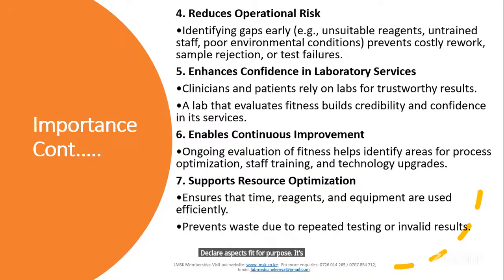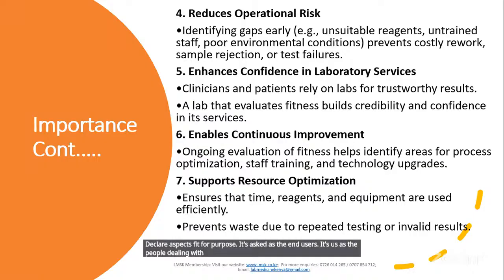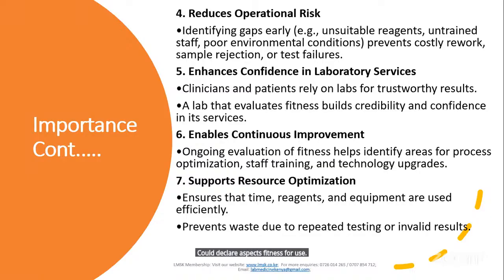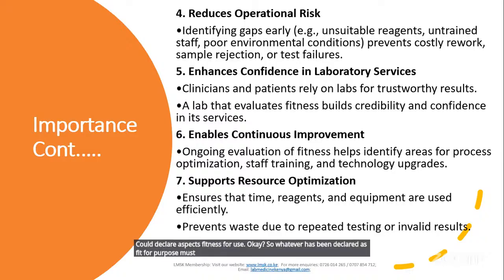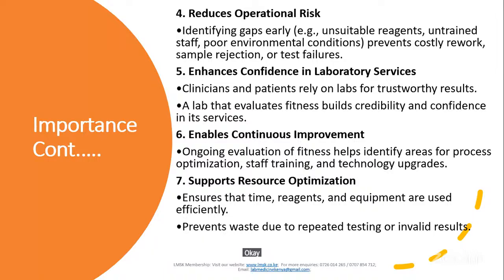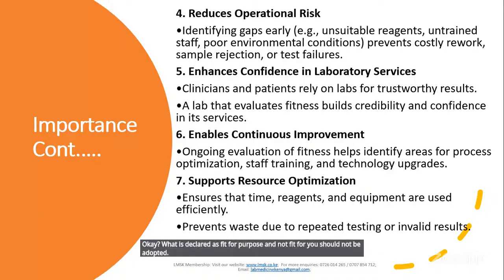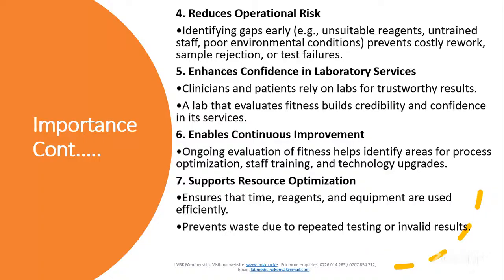It's us as the end users, the people dealing with these aspects on a daily basis, practically, who declare aspects fit for use. Okay? So whatever has been declared as fit for purpose must be declared as fit for use. What is declared as fit for purpose and not fit for use should not be adopted. The only aspect that should be adopted is what has been declared both fit for purpose and fit for use.